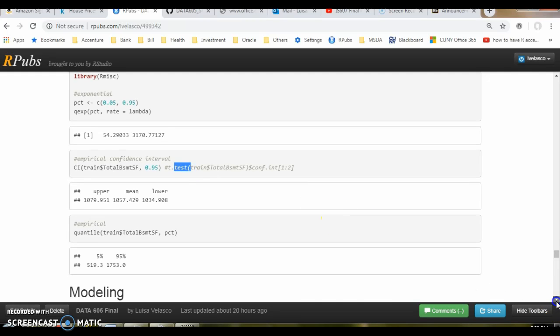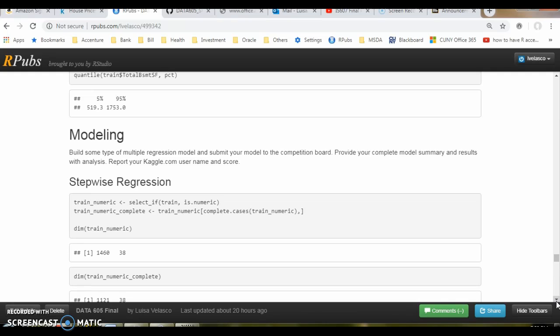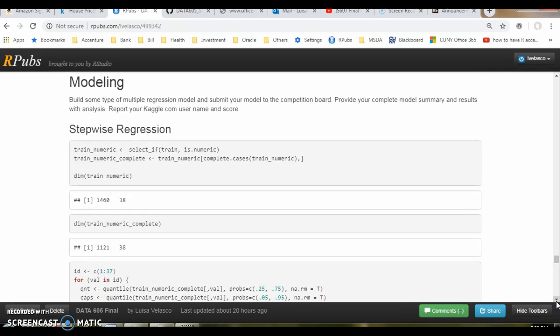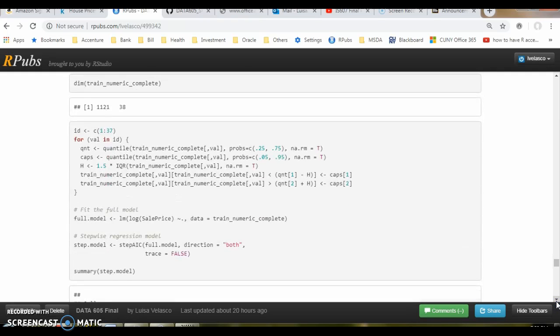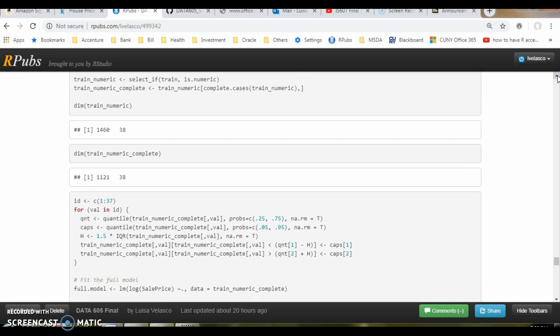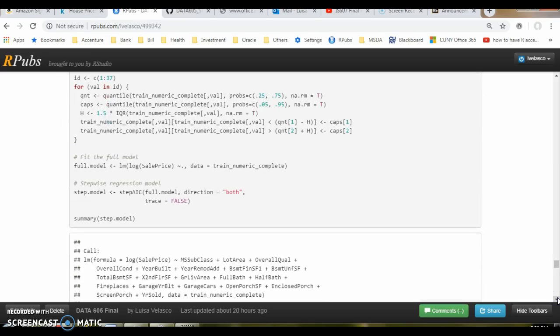For the modeling, I used stepwise regression and only used the numeric variables. I only included complete observations, and I trimmed the outliers at the 5% and 95%, bottom and top respectively.